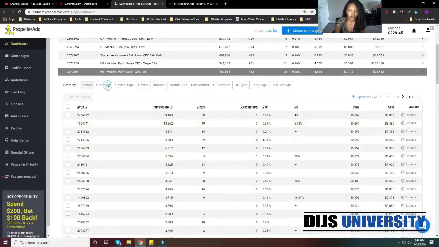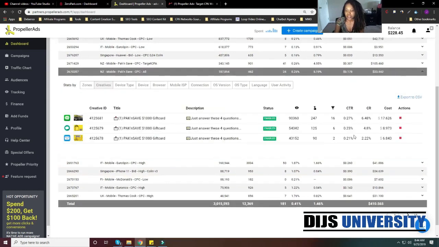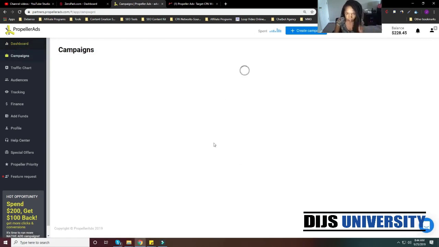Nothing much to it. If we look at how the creatives are performing with all of the traffic, it's about the same. So we didn't see anything above 1 or 2 until we started separating the user activity. But as you can see, we're still getting quite a few conversions on this one. But I didn't know, did he pause it? Let me see if we can find it really quick.